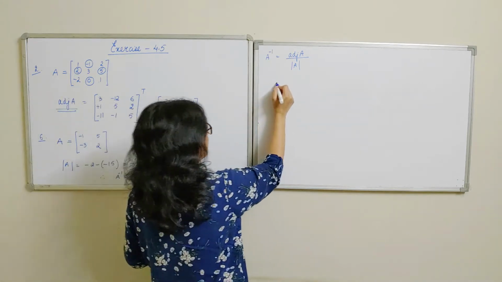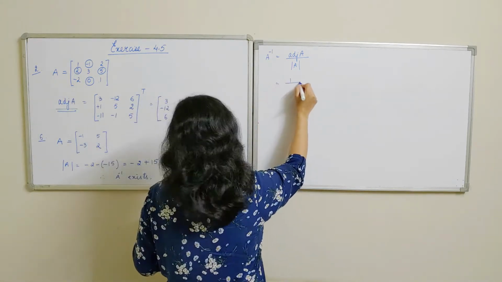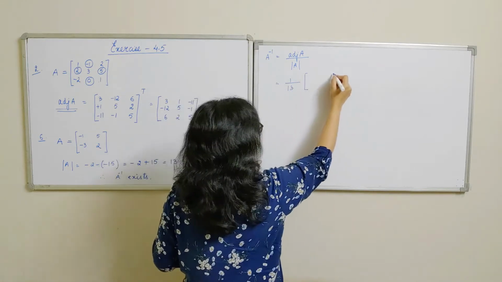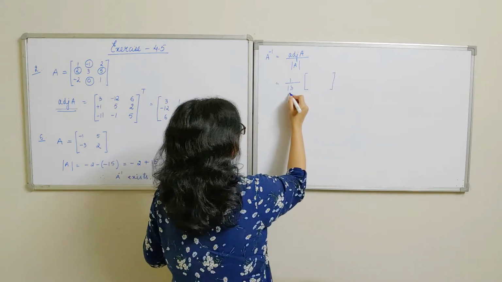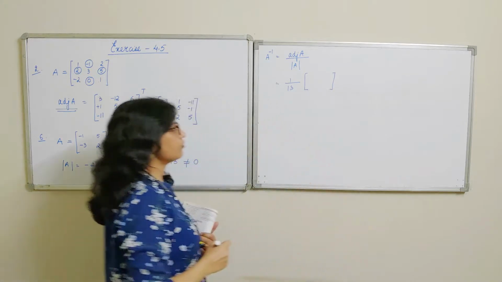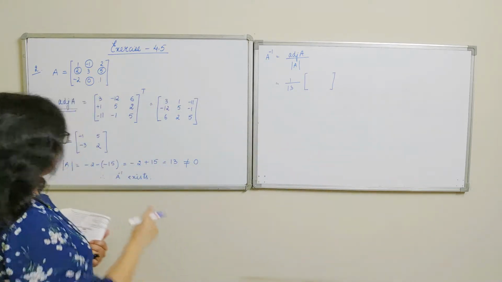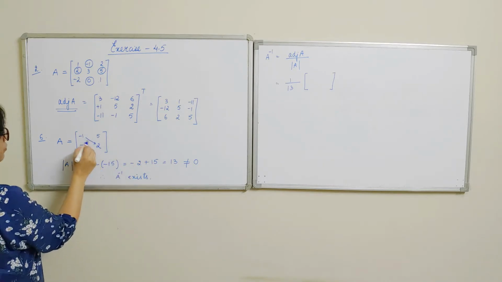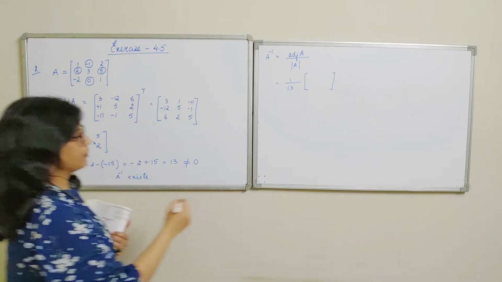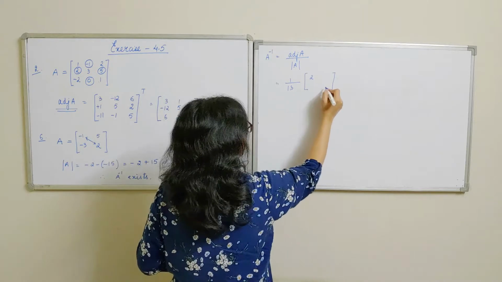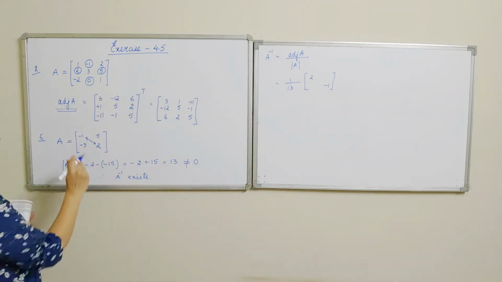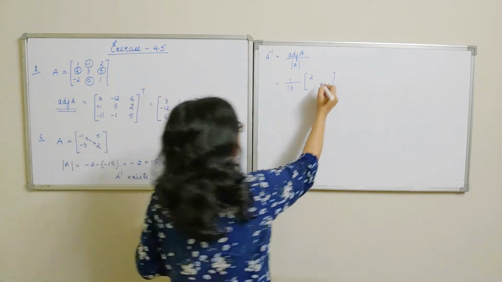Let us substitute values: 1 upon determinant. Determinant is 13, and then multiply this scalar quantity to the adjoint matrix. Now for a 2 by 2 matrix, we know how to directly find out the adjoint. We can interchange the diagonal elements like this, and the off diagonal elements will simply change their signs.